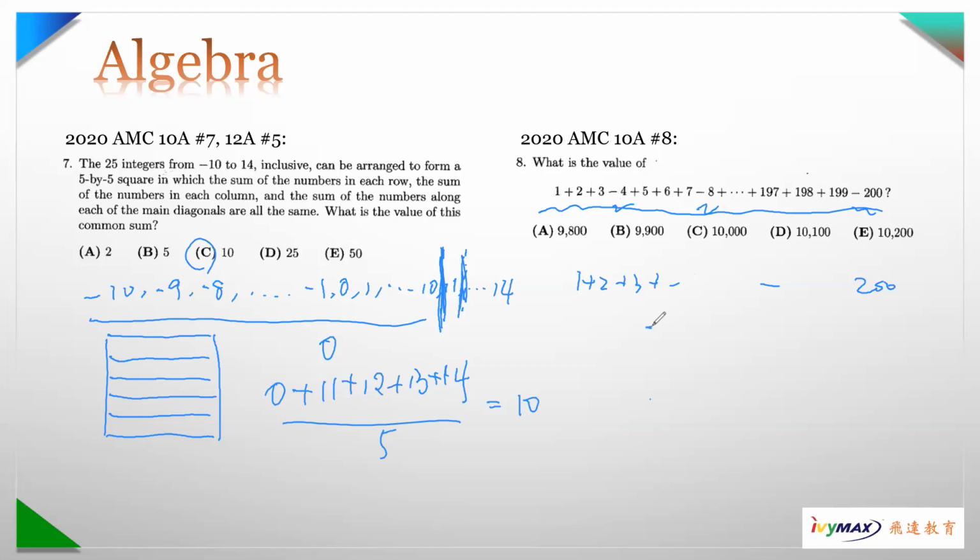So I need to subtract double of this 4. Let's say I plus 4 here on the top and minus double of 4, and the result gives you a negative 4, right? Similarly, if I plus 8 on the first row, here I need to minus double of 8, right?